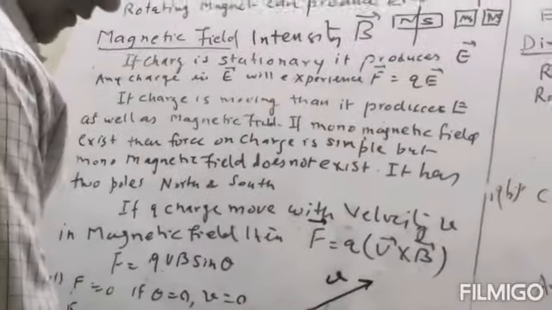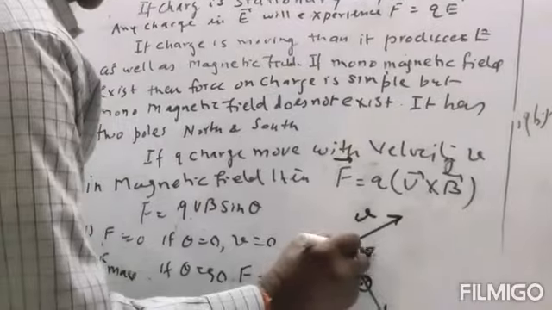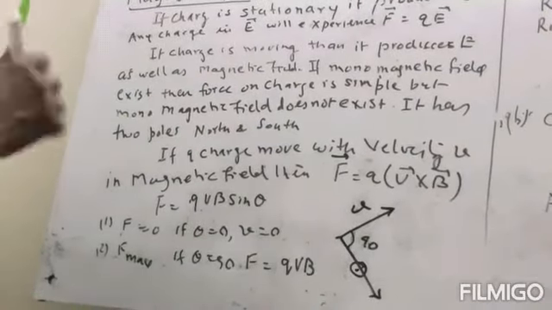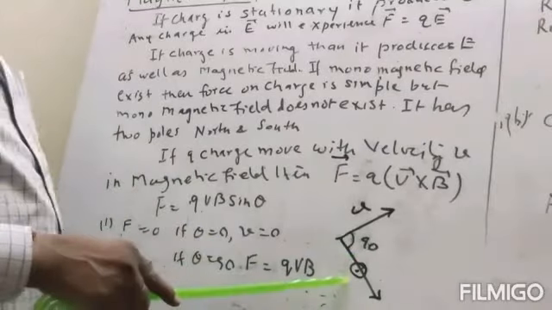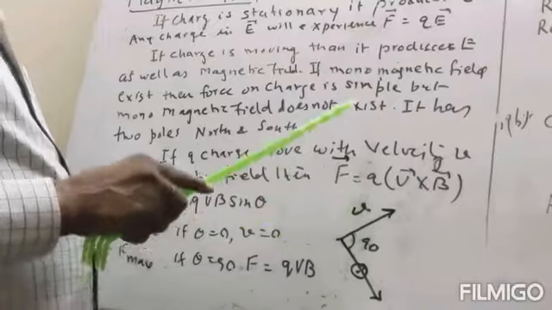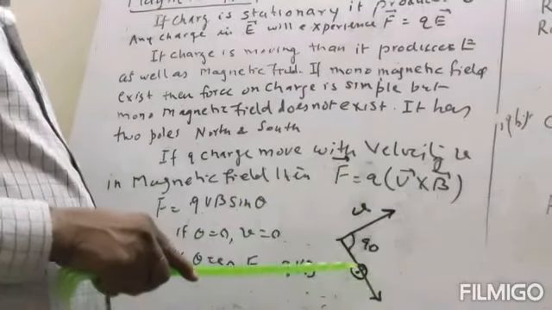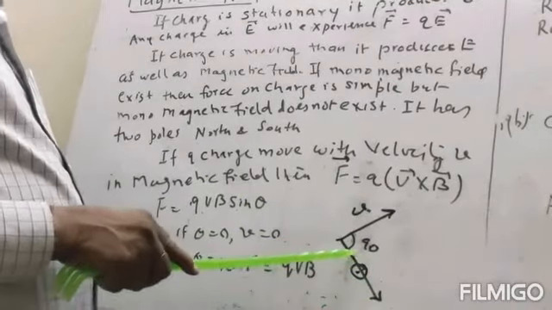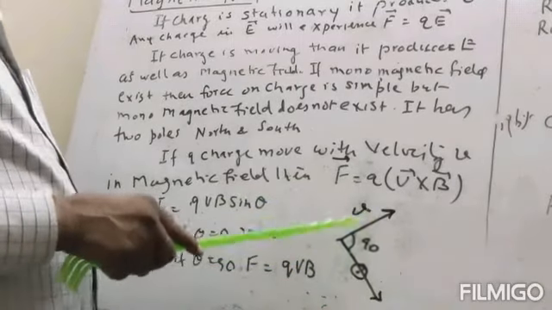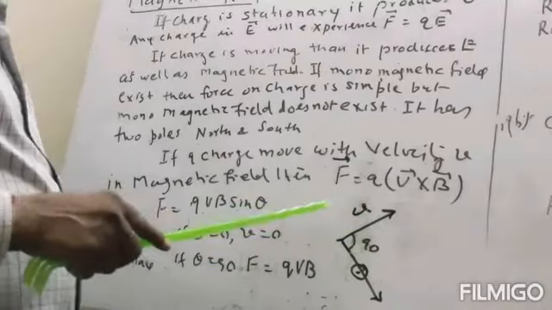So the force will be at 90 degrees to the velocity. When force is at 90 degrees, no work is done, meaning the speed of this particle will not change when it moves in a magnetic field perpendicular to V.